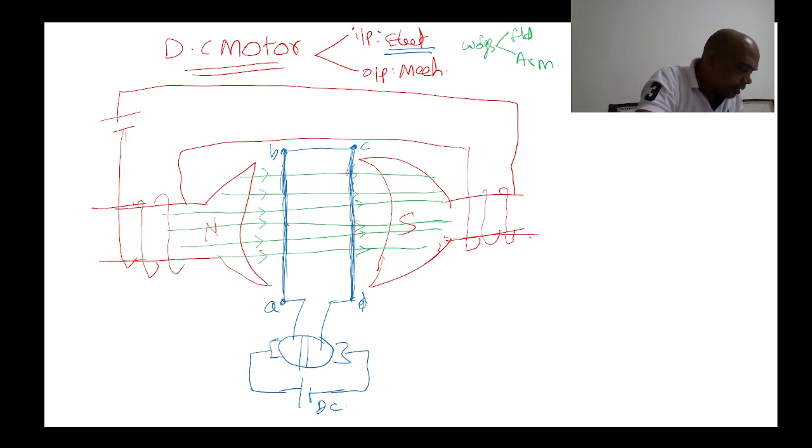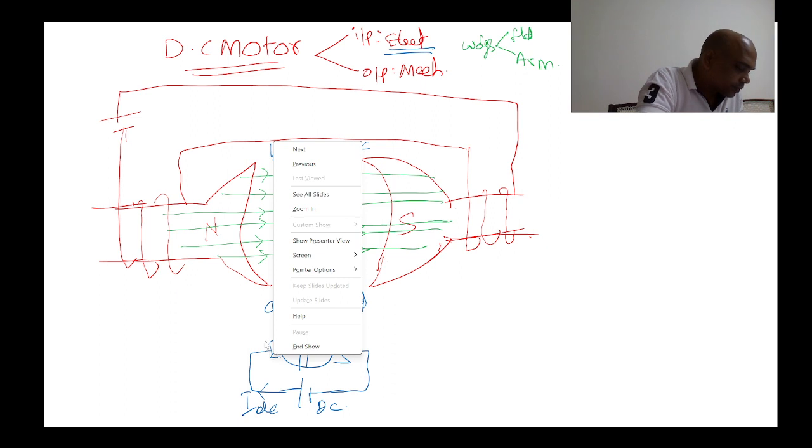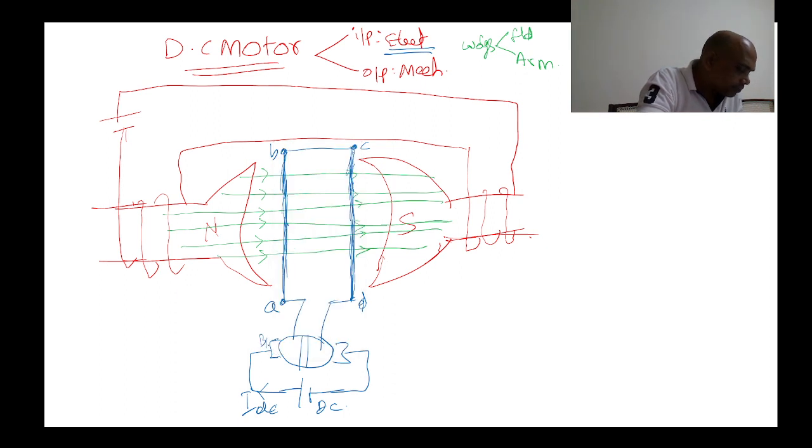So here DC supply, DC current passes from the DC supply through brush 1 to the commutator. This is the commutator. Brush 1 to commutator, commutator to conductor A, A to B, B to C, and C to D. This is conductor CD.